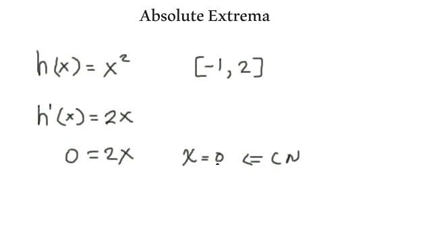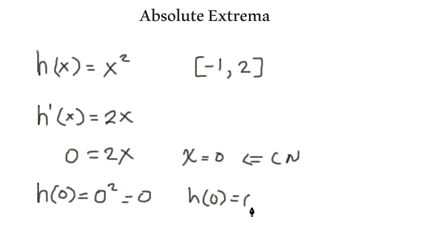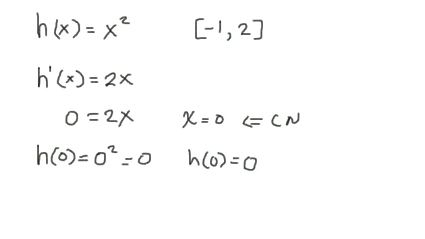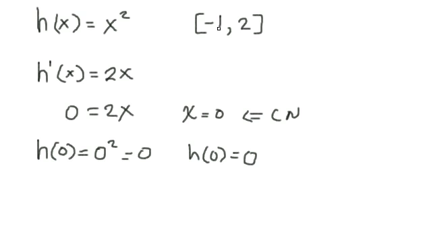So now what we want to do is take this 0 and plug it back into our original function up here, and as we can see we get 0 out. So h of 0 is equal to 0. Alright, now that we've done that, we're going to plug -1 into h of x.